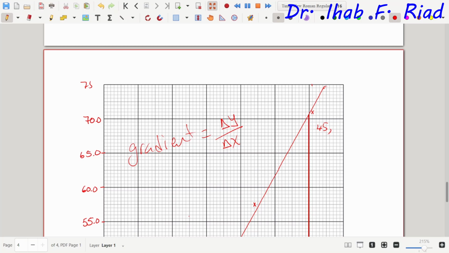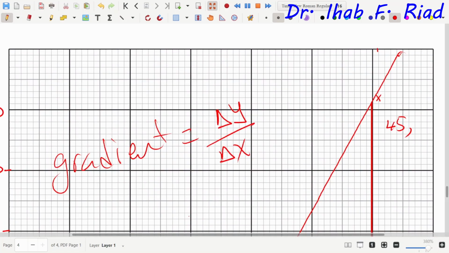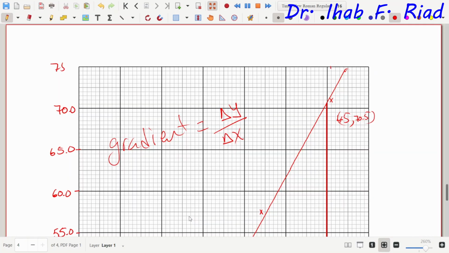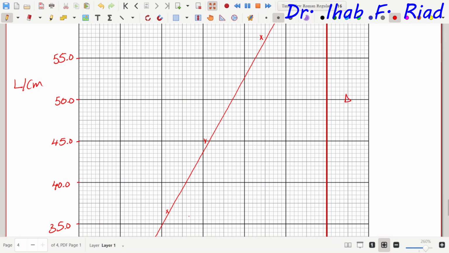And on the y-axis, it is 70.5. So what is the change in y-axis? Delta y is equal to 70.5 minus 30.